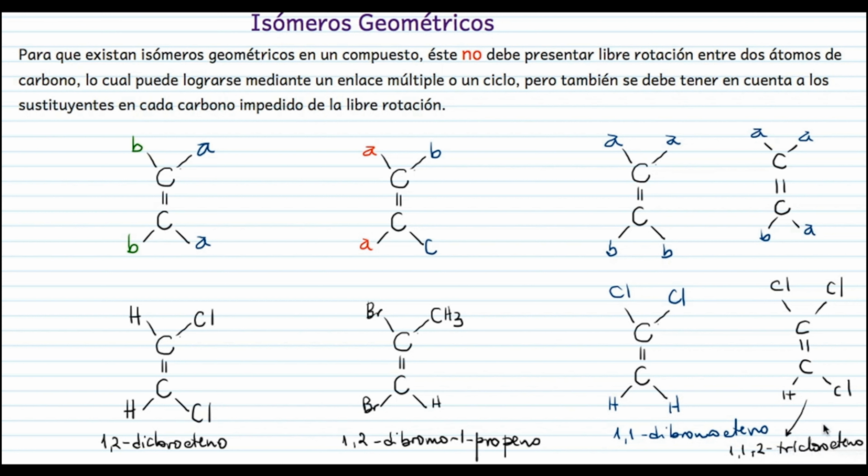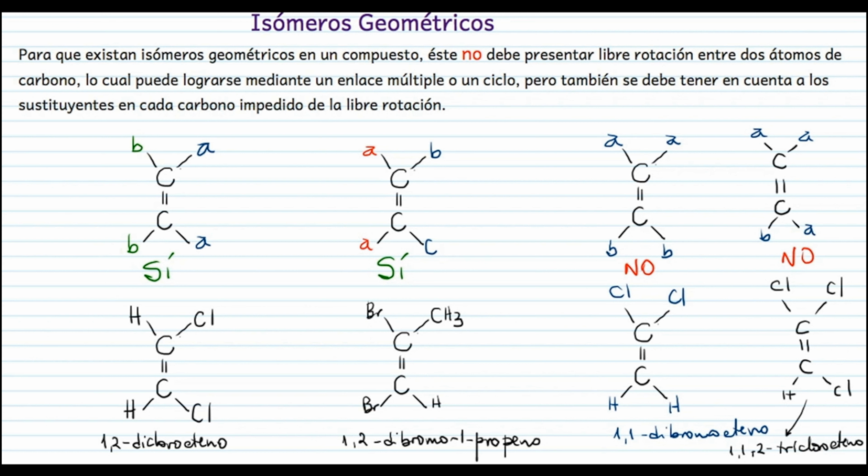These last four are the ones that do not have geometric isomerism, so we can say that this one does have geometric isomerism. This one does not, and this one does not.